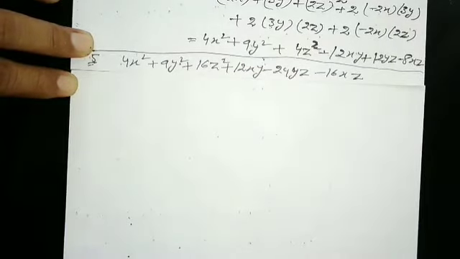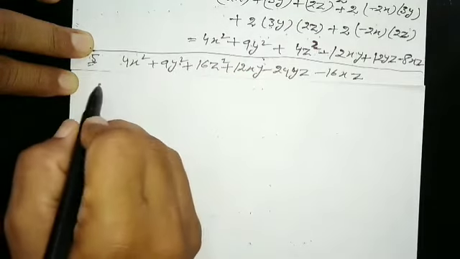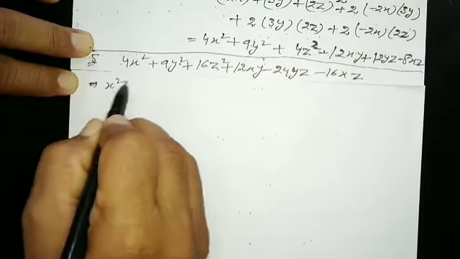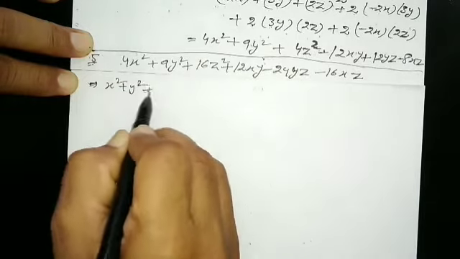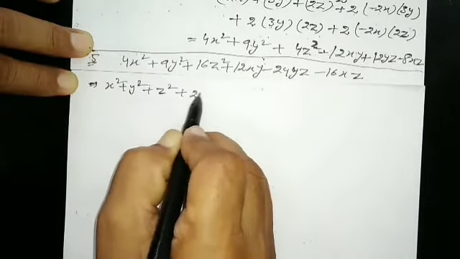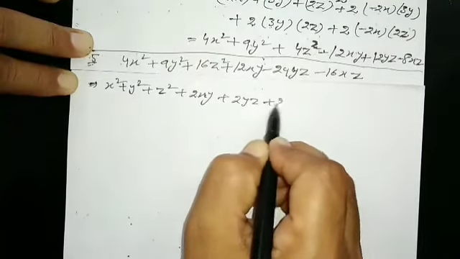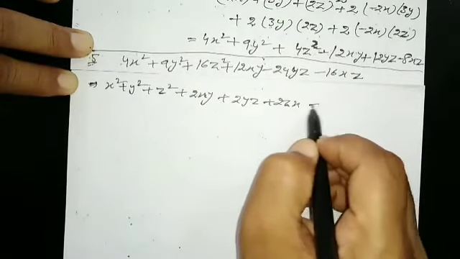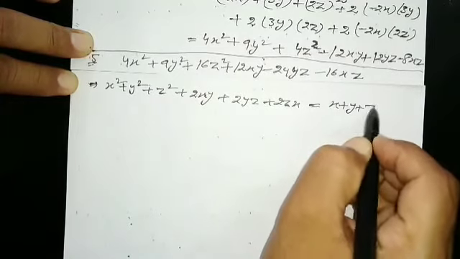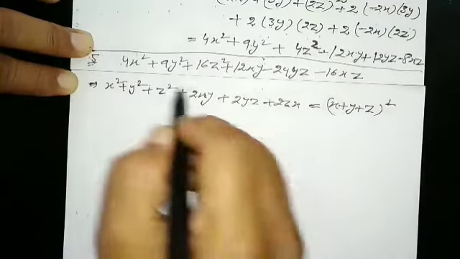So the identity as above, we have given that x square plus y square plus z square plus 2xy plus 2yz plus 2zx is equal to (x plus y plus z) whole square.